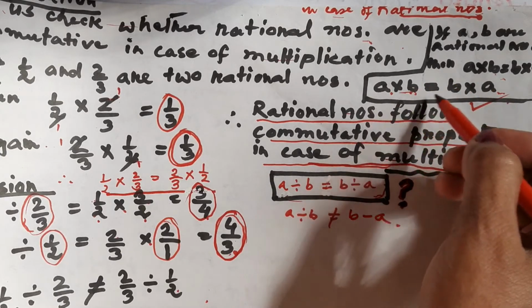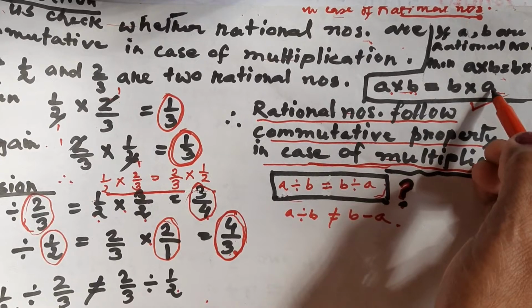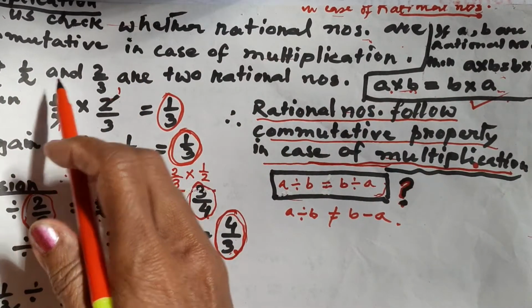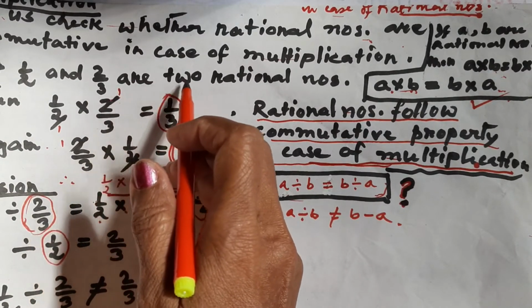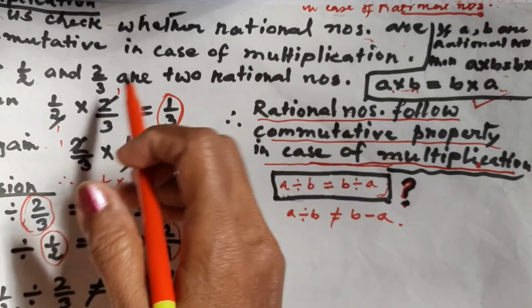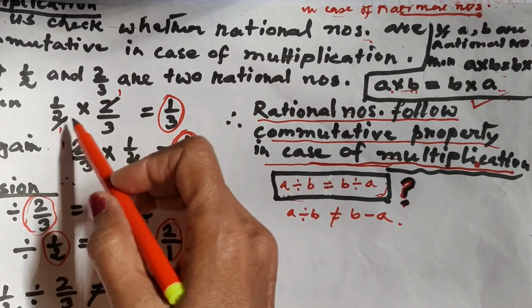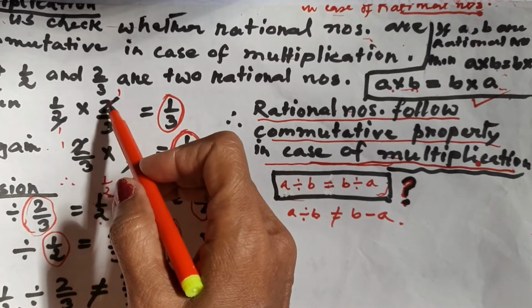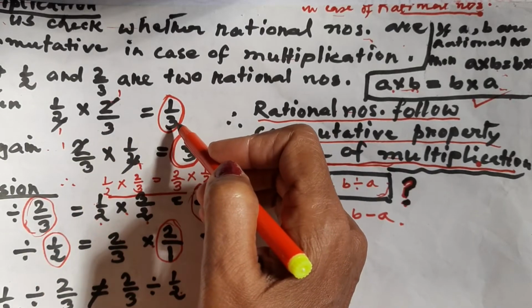So we have to prove that a into b equals b into a. So we are taking two numbers, half and 2 by 3, as the rational numbers a and b respectively. Then a into b will be half into 2 by 3, and the 2s will cancel each other and it will be only 1 by 3.